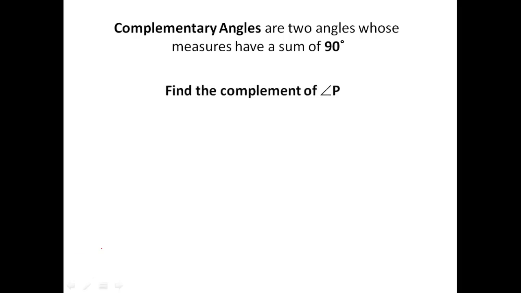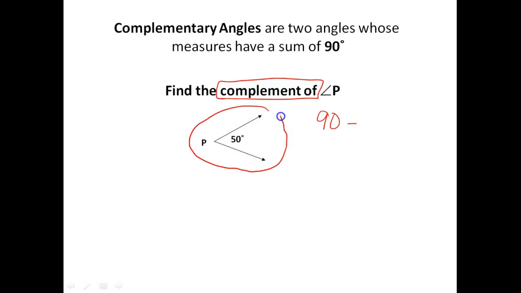All right, so we're going to find the complement of angle P. Angle P is 50 degrees. Make sure you understand, if I ever ask for the complement of, it will be 90 minus whatever I am asking for. So I'm asking for the complement of angle P. Angle P is 50 degrees.